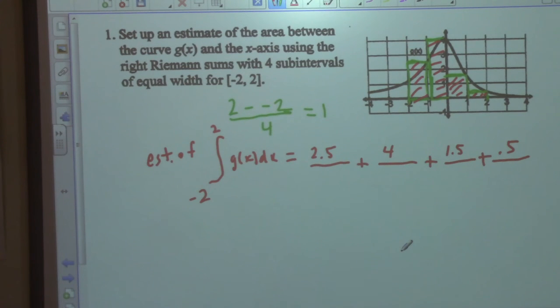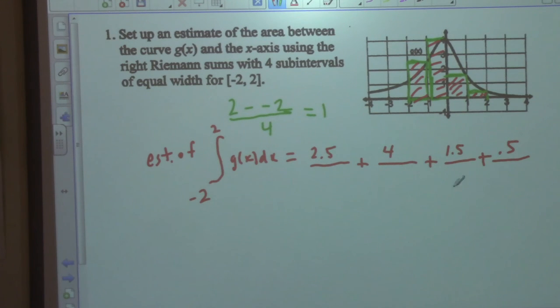Now, here's another thing. On the other example on the prior page, I showed an example of the velocity. The integral of velocity, which is a rate, is going to be distance. So if you have a function of velocity in, say, feet per second, the integral of that is going to be feet.